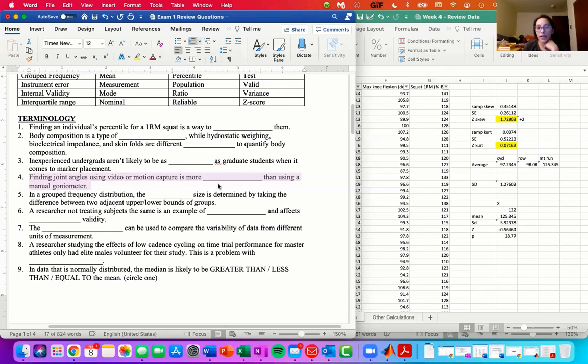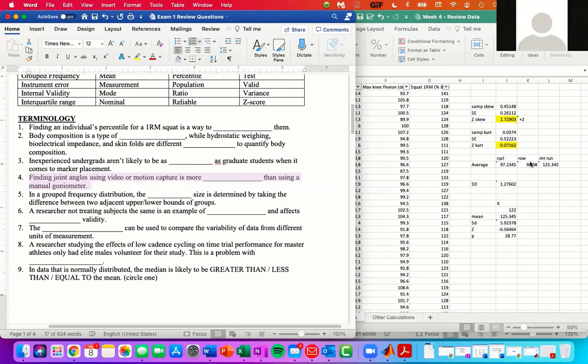So objective or without bias would be one of the options, but also motion capture is more valid and accurate than a manual goniometer. You might get similar values, but accurate or valid or objective would be 2 possible answers. And the exam will be the same way.